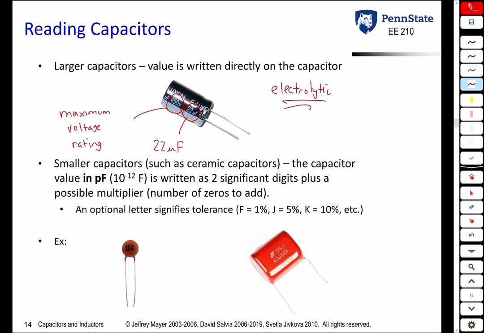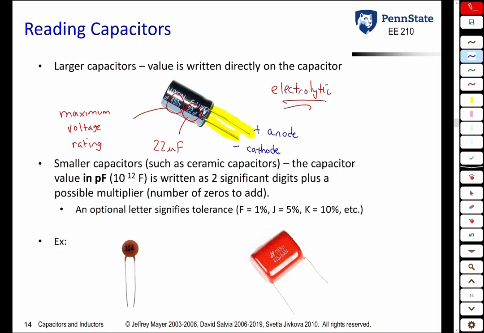One more point on this first example here is you'll notice these two leads, one of them is longer than the other one. Whenever you have a capacitor with leads that are different lengths, the longer lead is the positive end, and once again we call that the anode. The shorter one is the negative end, or the cathode.